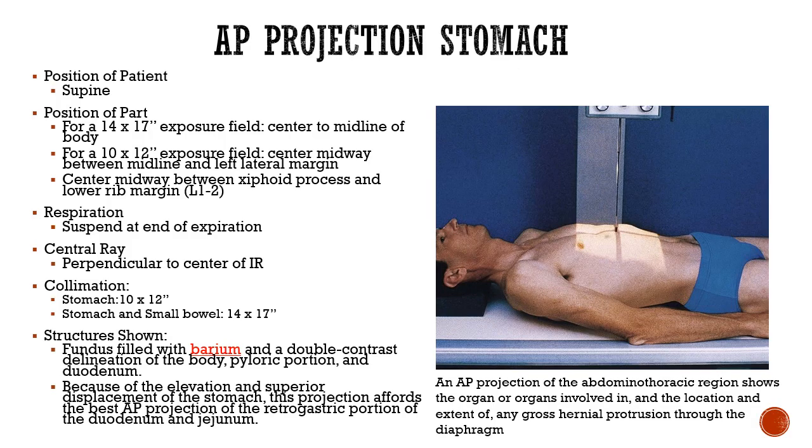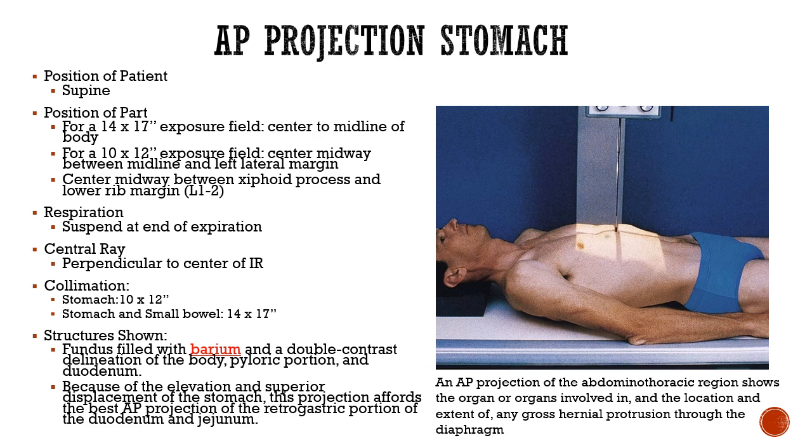On the AP projection of the stomach, we're going to perform this with the patient supine. For a 14 by 17 exposure field, which would be for the stomach and the small bowel, you would center to the midline of the body. If the protocol is that you use a 10 by 12, which is just for the stomach, then you would center midway between the midline and the left lateral margin of the body.